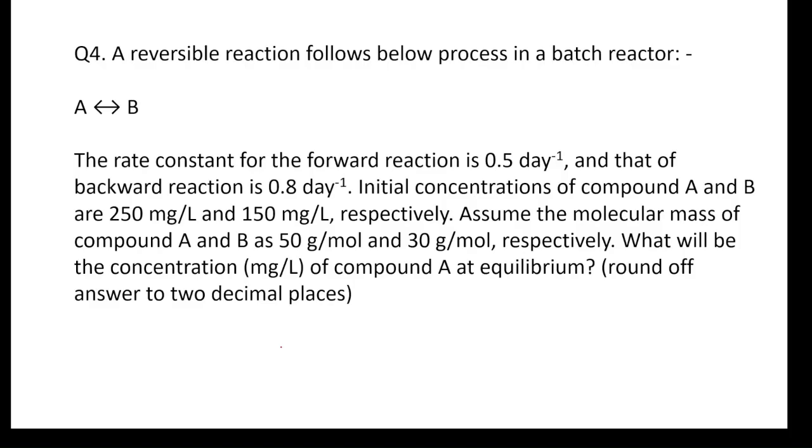We know the rate of forward reaction and rate of backward reaction. We know their molar masses and we know the initial concentrations. We need to find out the concentration of compound A at equilibrium. For your own benefit, you can find out the concentration of B also.